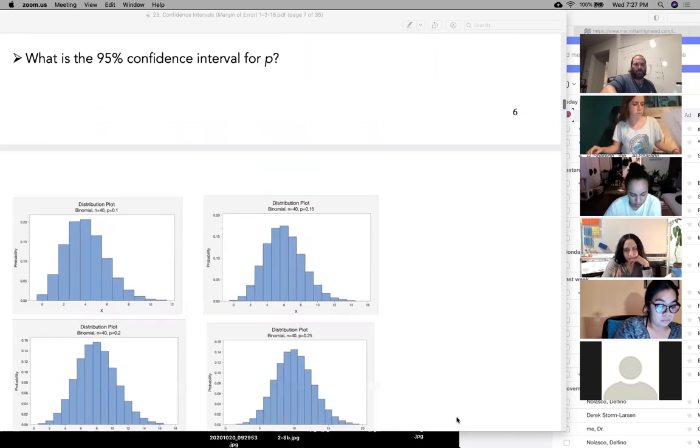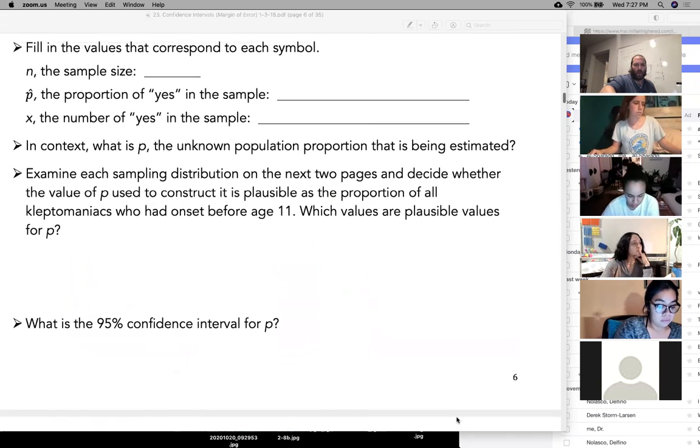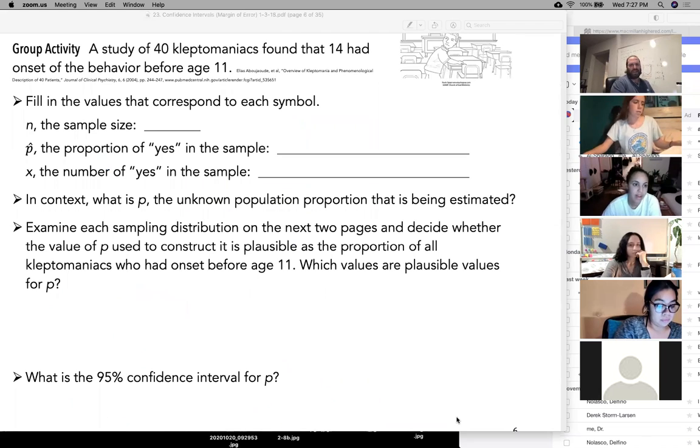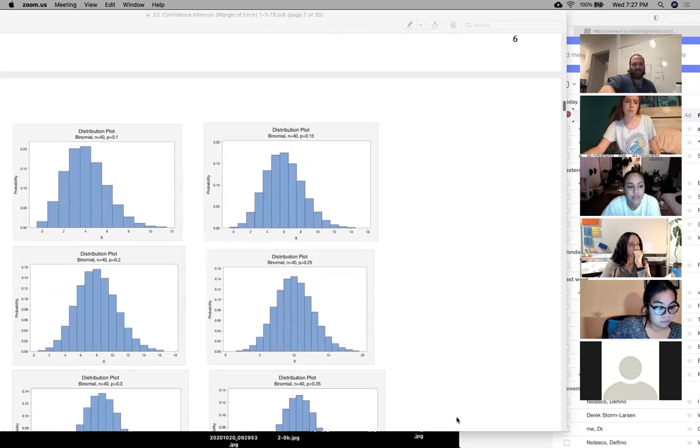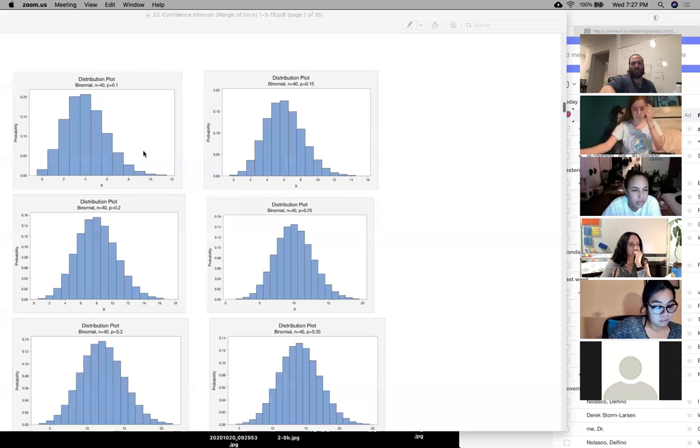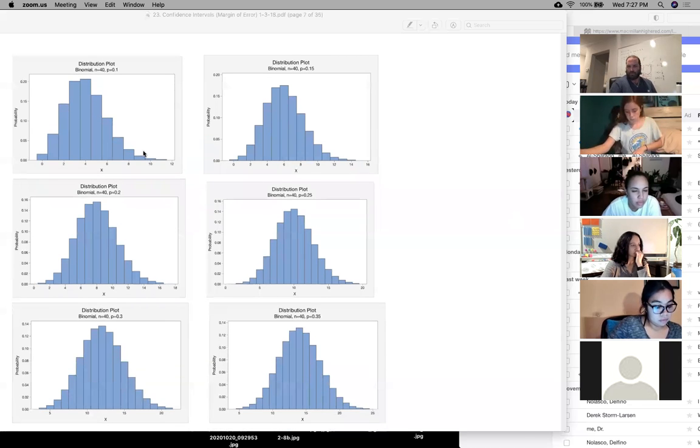What was the number of successes in our sample again? 14. We are only going to pick those P's where 14 is plausible, and that's going to construct our confidence interval.